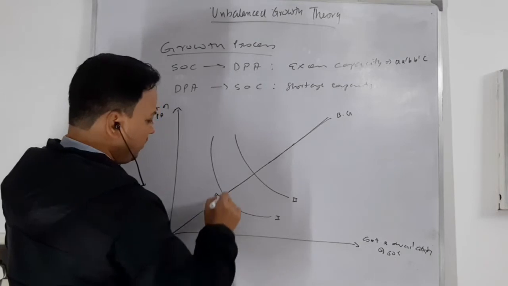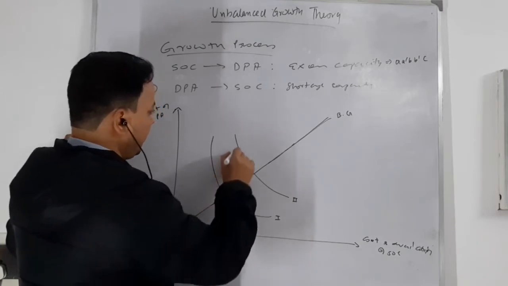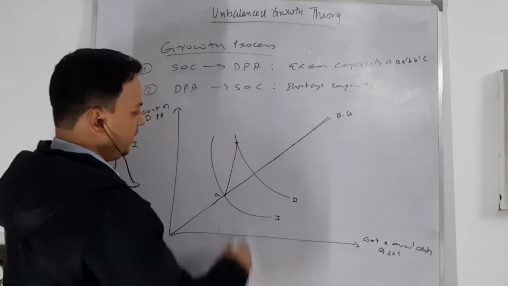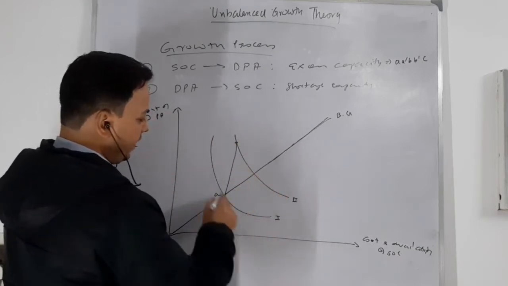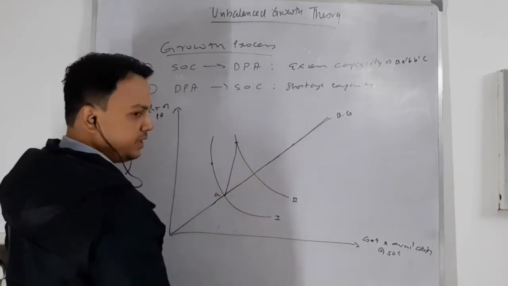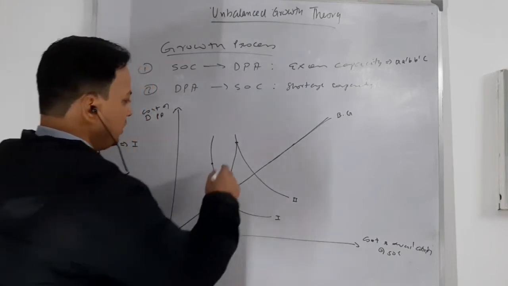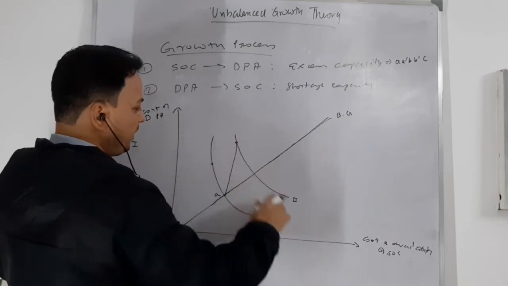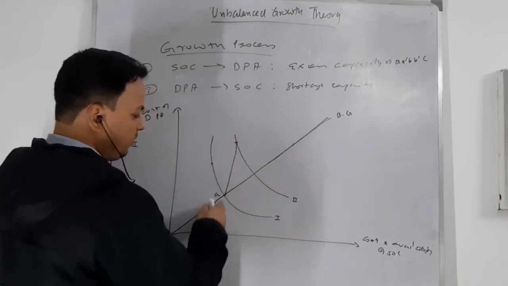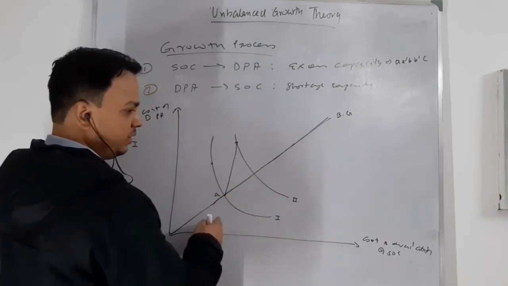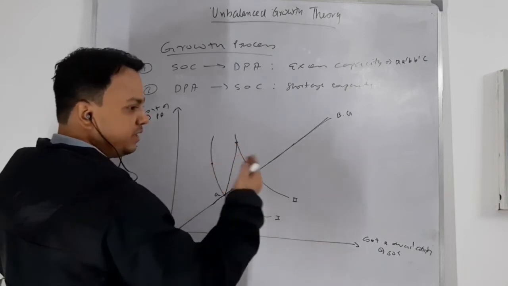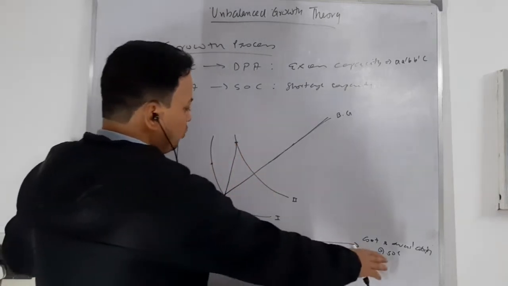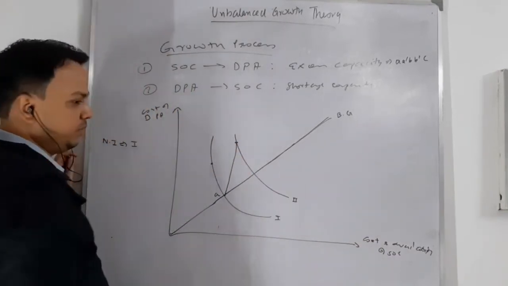By keeping the same level of social overhead capital, I increase my investment in direct productive activity at national income level 2. So I have deliberately created a disproportional relationship, or you can say disequilibrium, between social overhead capital and direct productive activity.